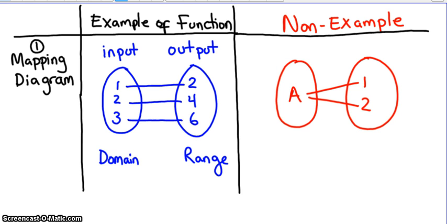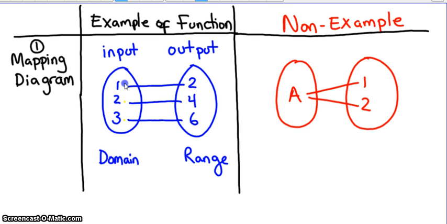First, for a mapping diagram, in this diagram here we have the input and the output is the second circle. The first circle represents the domain, the second circle represents the range. In this circle we see that 1 only has one output right here, 2 only has one output, and 3 only has one output.